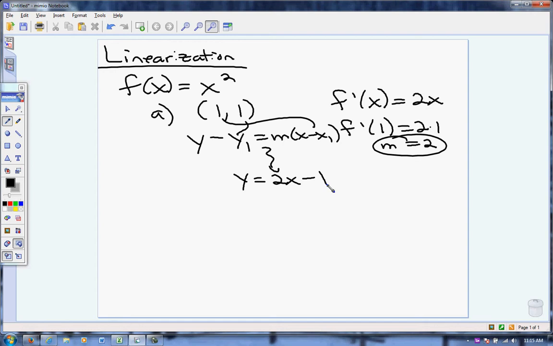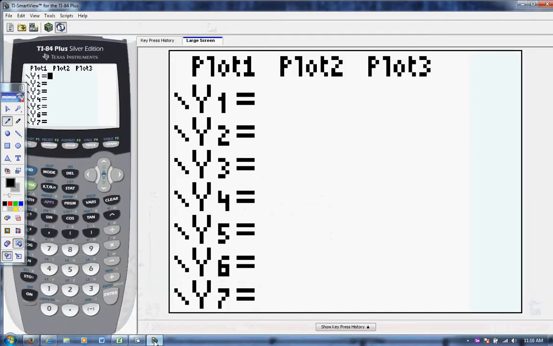Okay? Now, let's go to the graphing calculator for a second. Let's graph x squared, and then let's graph 2x minus 1. In y2, we're going to put 2x minus 1.